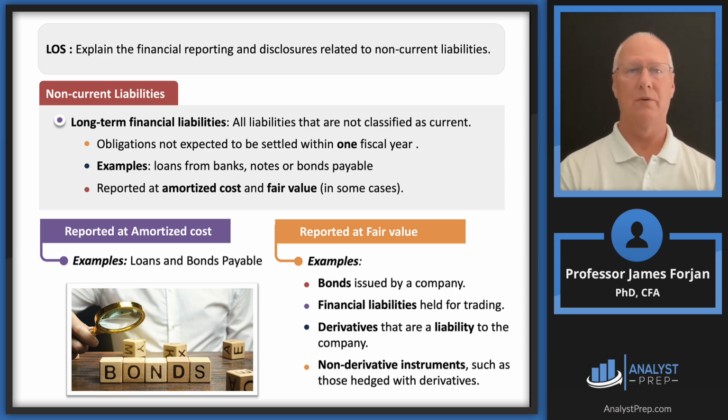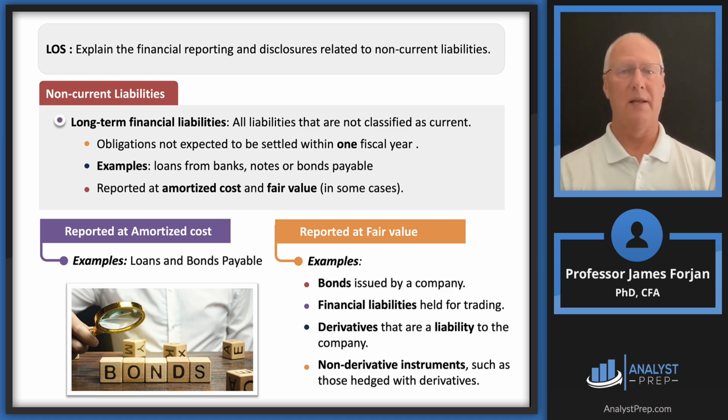Moving on to non-current liabilities. You might think these are going to be loans and bonds payable. Well, of course they are. There are some definitions: obligations that are not to be settled in one fiscal year. That makes sense. So these are reported at amortized cost. Go back to your original accounting class, maybe even high school. I did this in a bookkeeping class in high school, and then in your very first accounting class in college.